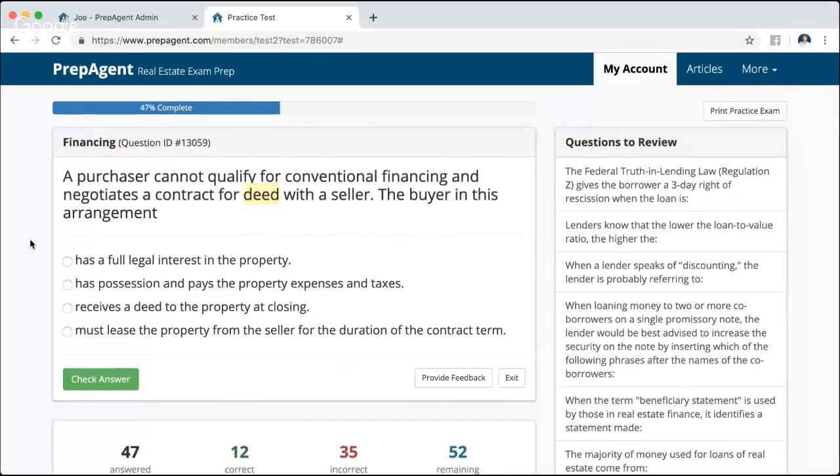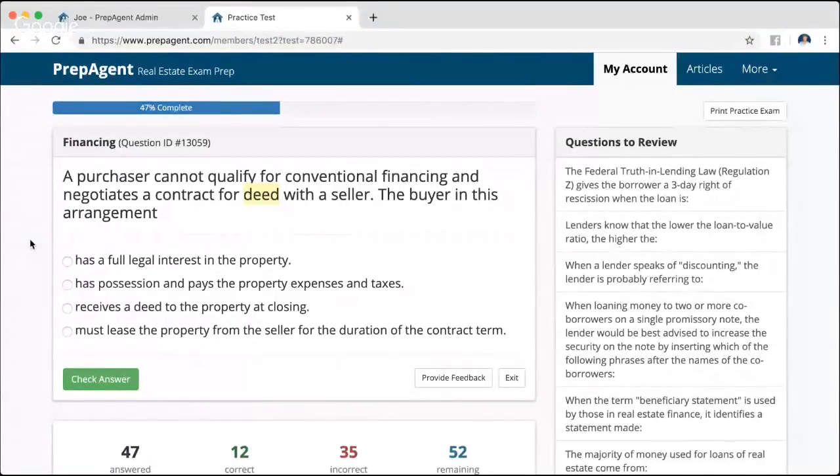A purchaser cannot qualify for conventional financing and negotiates a contract for a deed with the seller. The buyer in this agreement, A, has a full legal interest in the property. B, has possession and pays the property expenses and taxes. C, receives a deed to the property at closing.